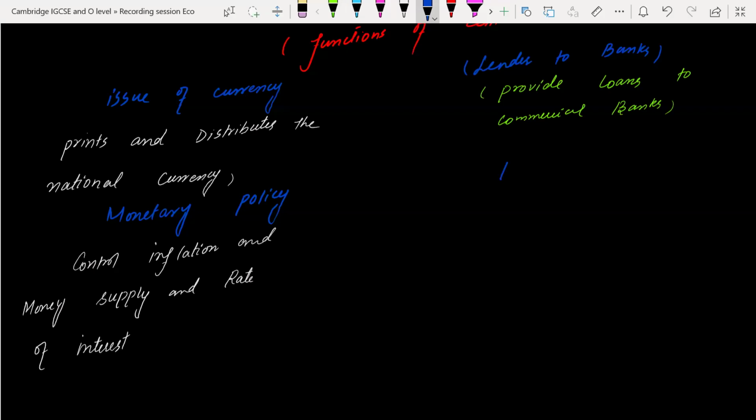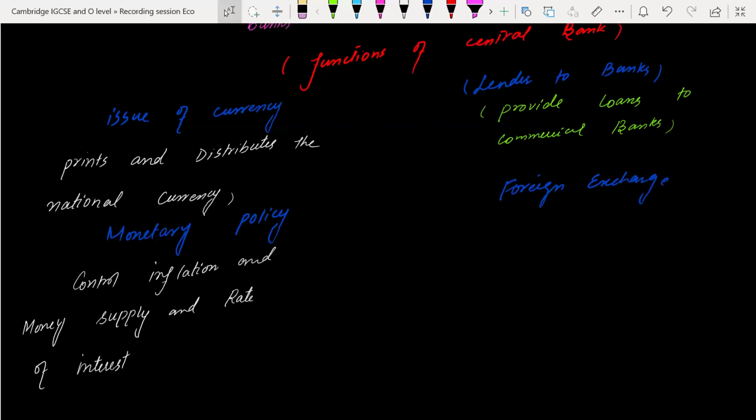Foreign exchange control, manage foreign currency and exchange rates.